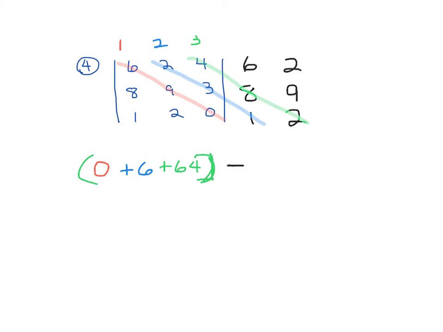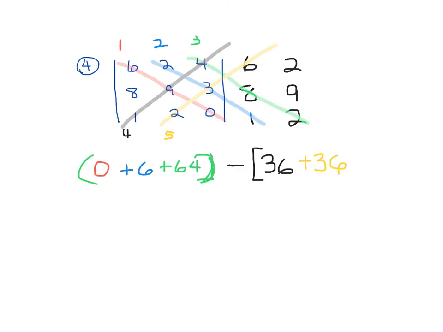So I'll go from, call this 4, and again 1 times 9 times 4, and that gives me 36. And then the next, call that 5, 2 times 3 times 6 gives me another 36.